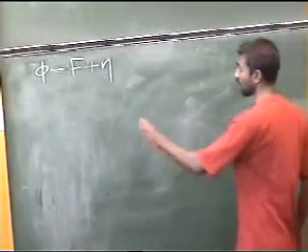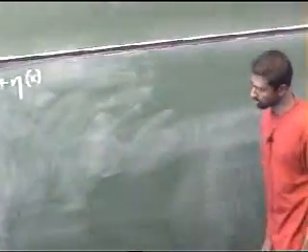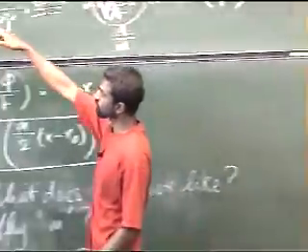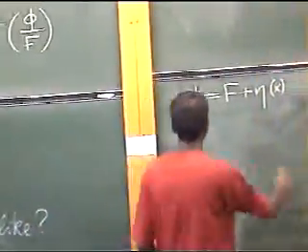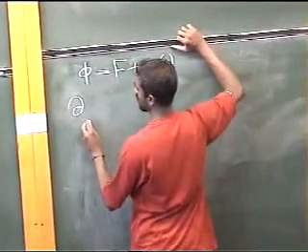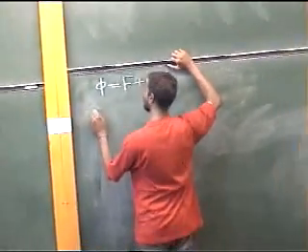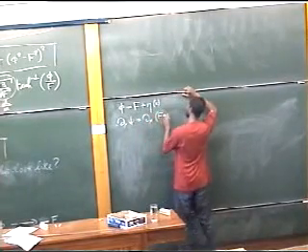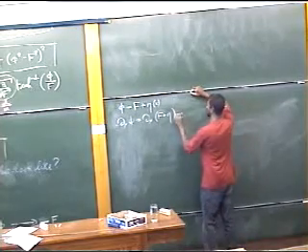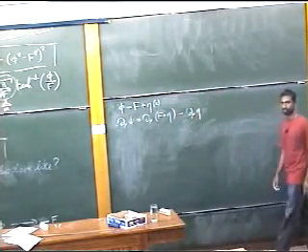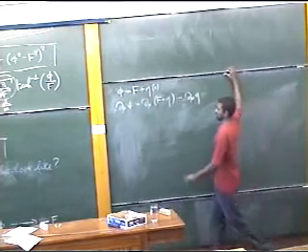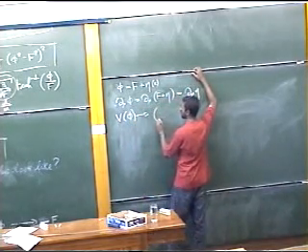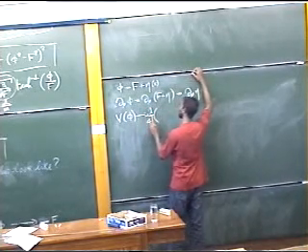That becomes lambda over 4 factorial times (phi squared is now f squared plus 2f eta plus eta squared, minus f squared), and then I've got to square this whole thing. These two terms cancel. And if I square that, I get lambda over 4 factorial times (4f squared eta squared plus 2 times 2, which is 4f eta cubed, plus eta to the 4th).